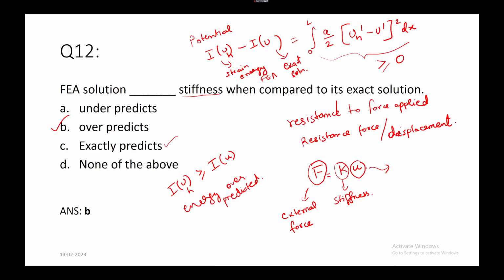If stiffness is over predicted, then u will be under predicted. Okay. So any doubt in question 12? No, sir. Okay.